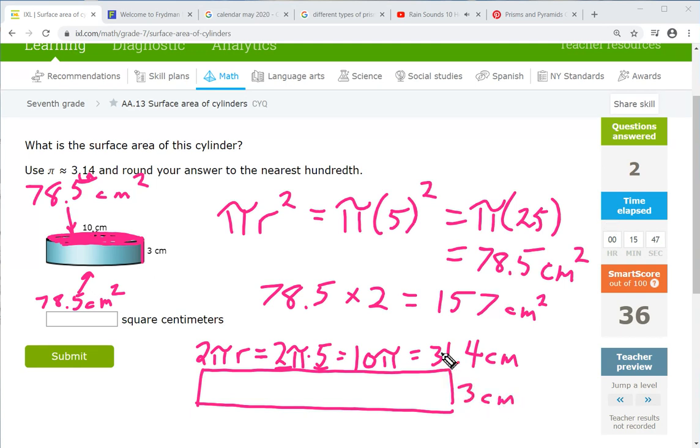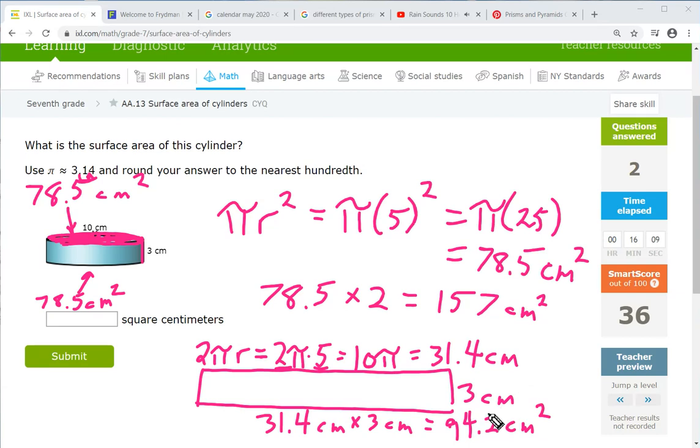And then we do 31.4 centimeters times 3 centimeters, which is equal to 94.2 square centimeters. Okay, so what do we have here?